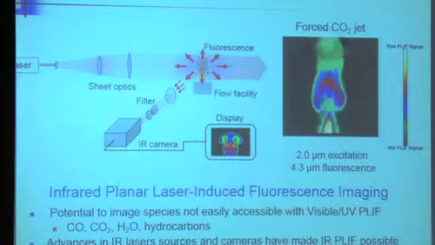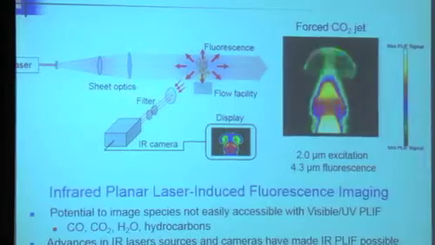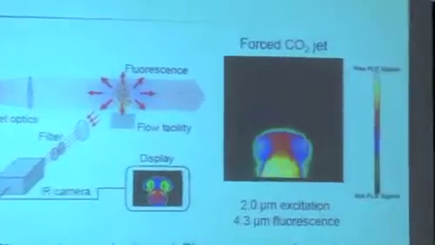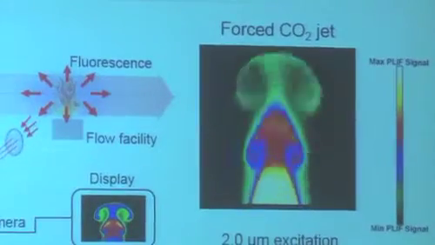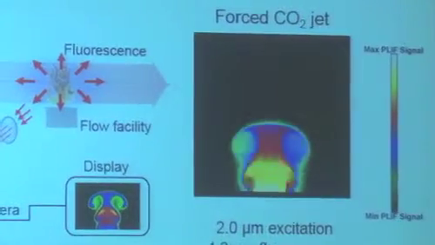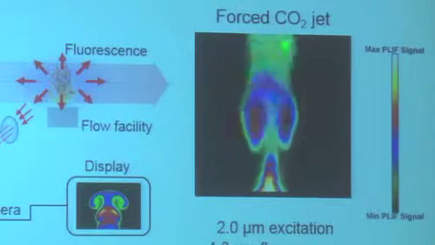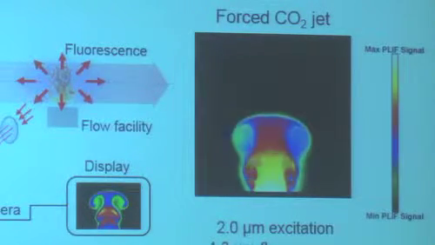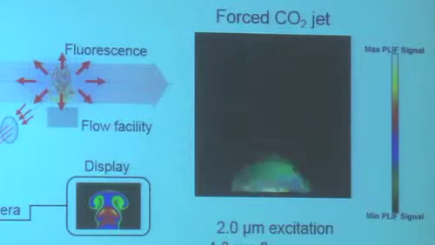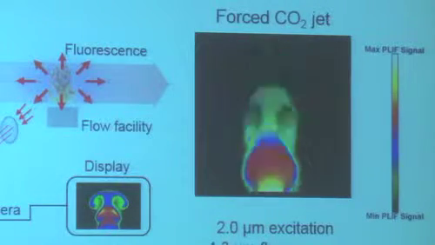Infrared. I don't think anybody has ever done this besides Brian. And I had another good student, Dave Rothermer, who's a professor at Wisconsin. He did something almost as good. So, a forced CO2 jet. This is the jet coming out of a tube. And so what you're seeing is something proportional to the mole fraction of CO2.